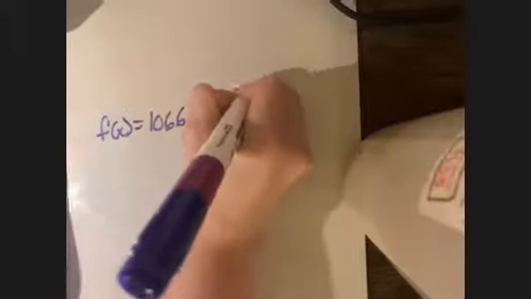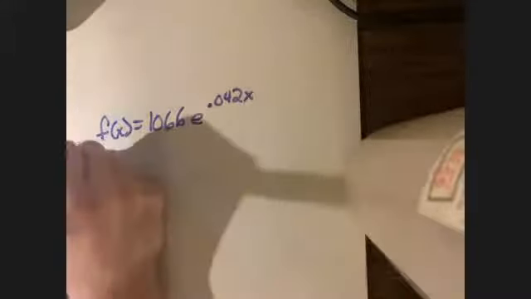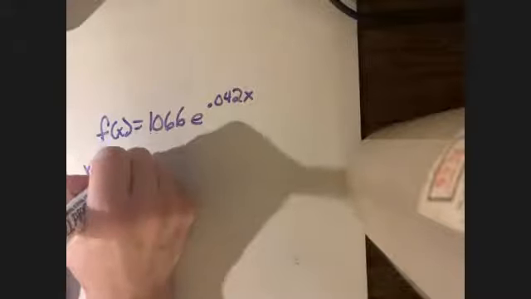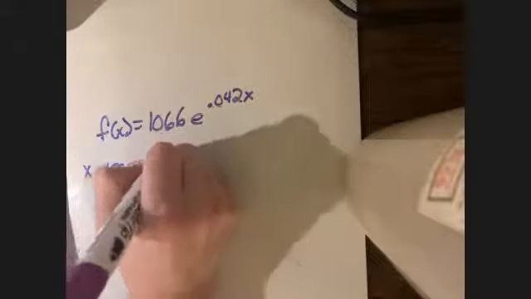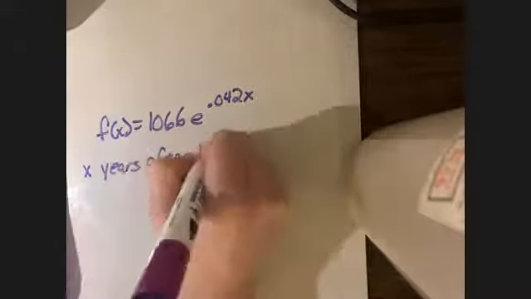So taking a look at one of these in application, okay? We have the function, okay? And this is supposed to represent the gray wolf population in the Western Great Lakes in X years after 1978.